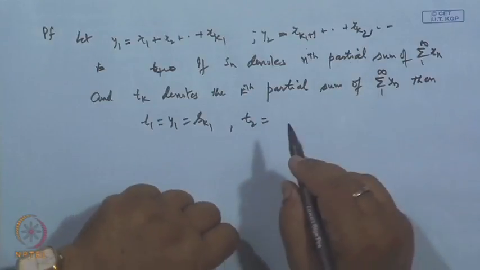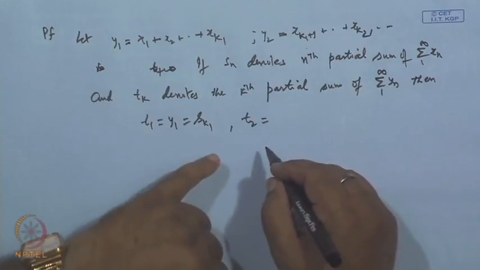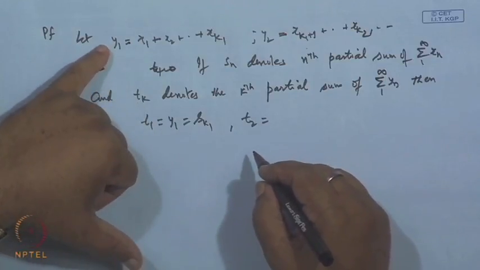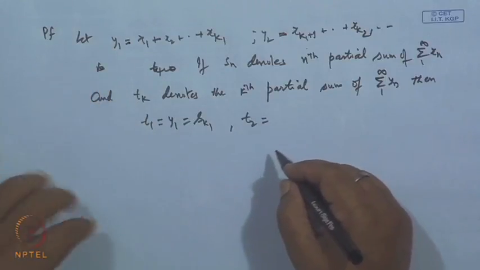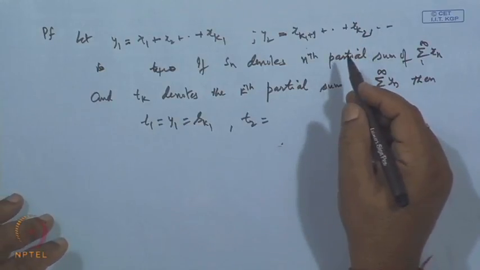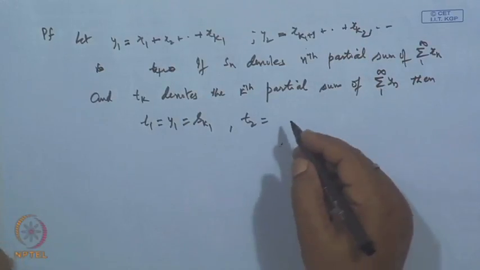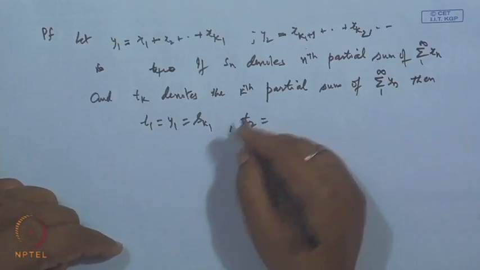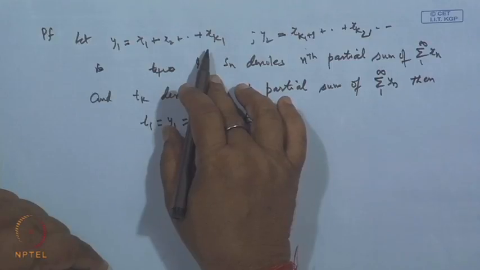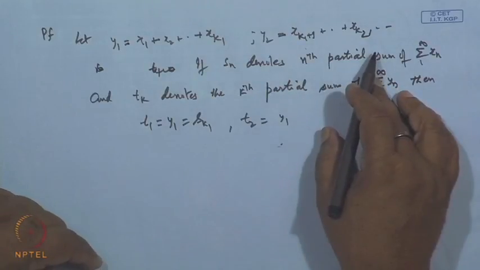So T 2 is y 1 plus y 2, that is, up to k 1 and then up to k 2.